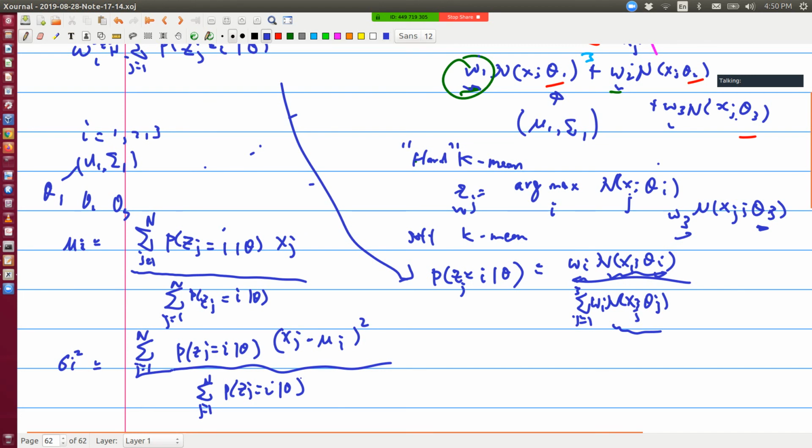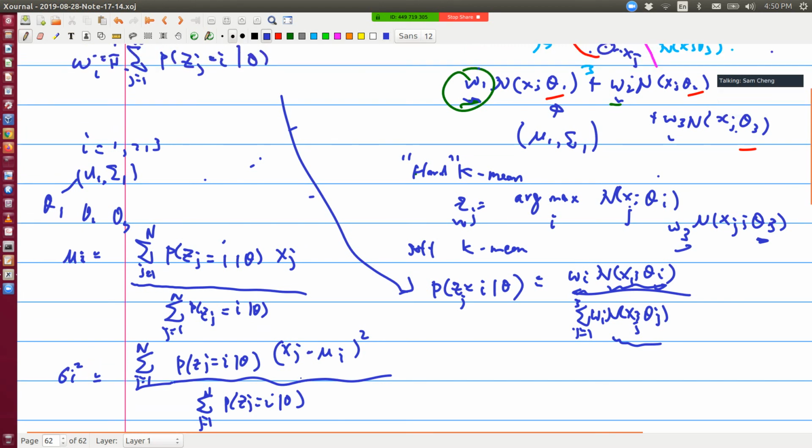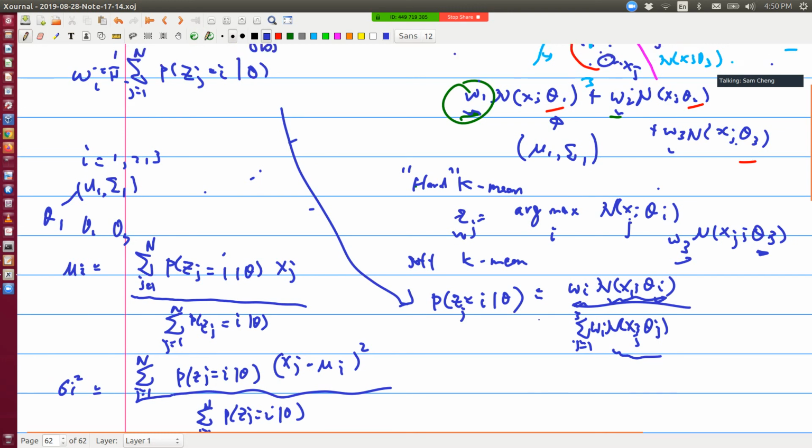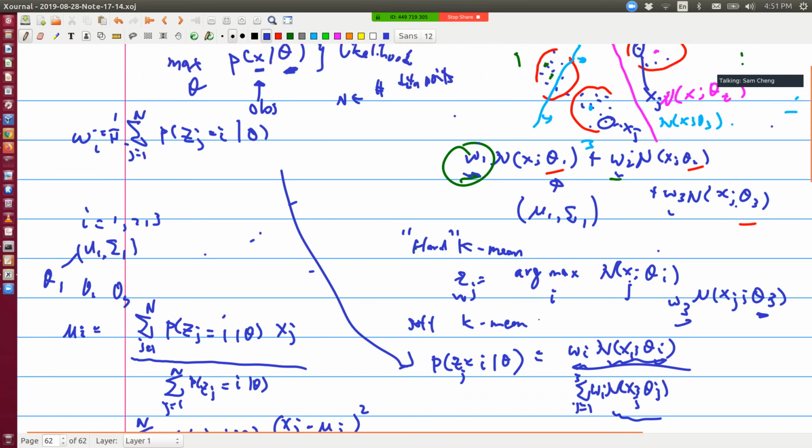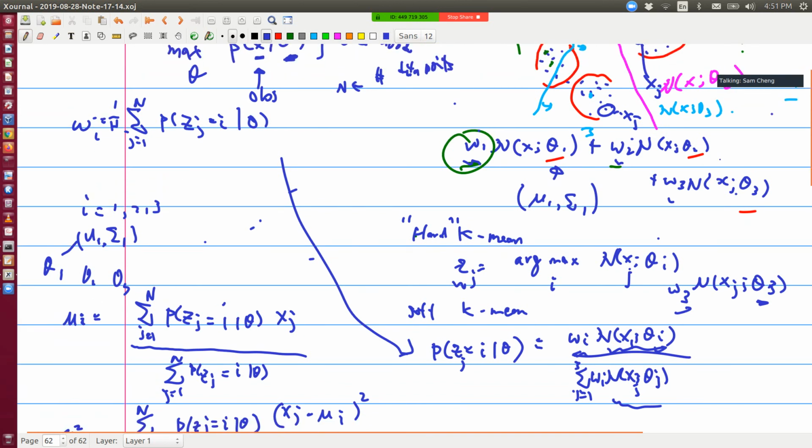Then you just keep iterating, right? You go back and compute the membership again, then update the weights again, and update the rest. After you finish, you find theta 1, theta 2, theta 3, and also W1, W2, W3.